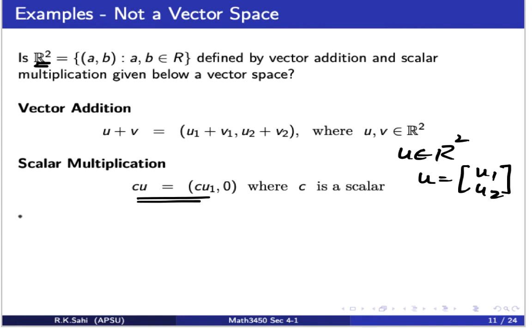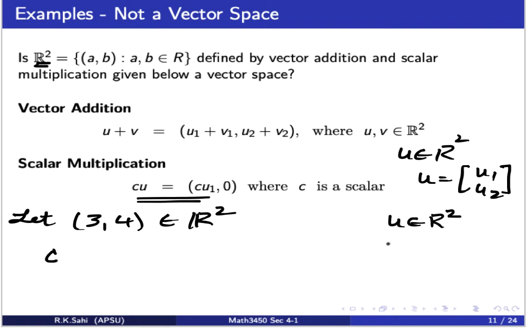So I'm going to pick an example. Say, let (3, 4) be in R2. Now what is the axiom? It says C times U is the closure property: if U is a vector in R2, then C times U should also be in R2.